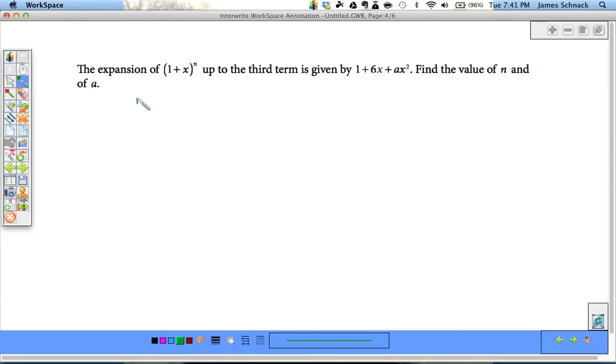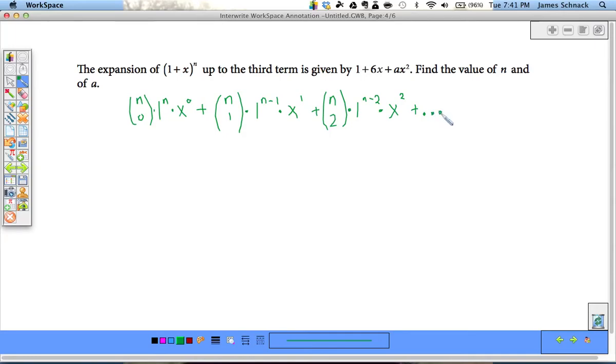So it's going to be n choose 0 times 1 to the n times x to the 0, plus n choose 1 times 1 to the n minus 1 times x to the first, plus n choose 2 times 1 to the n minus 2 times x squared, plus and so on, and it goes on and on.